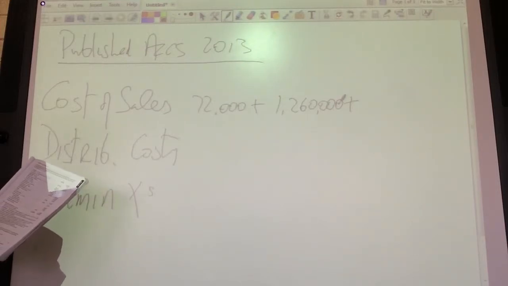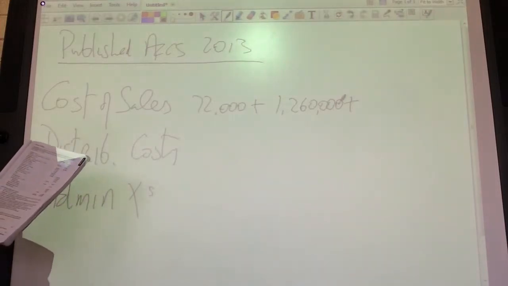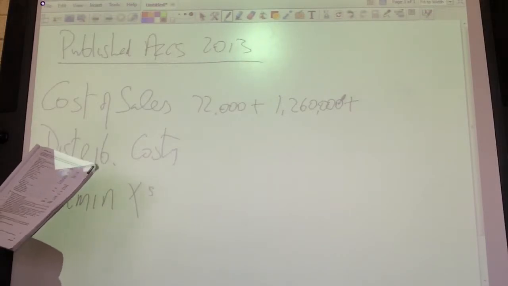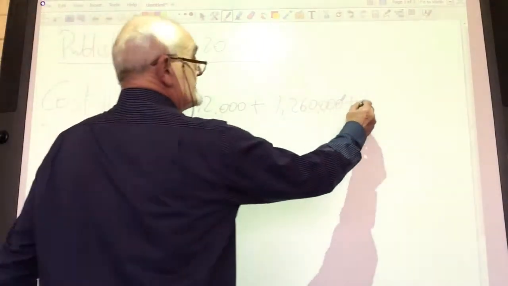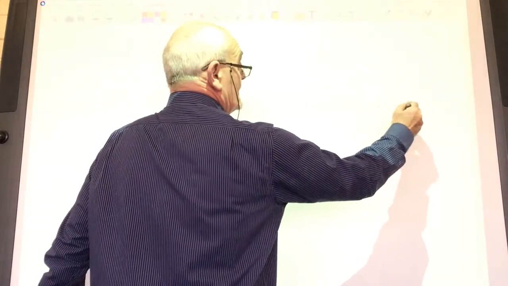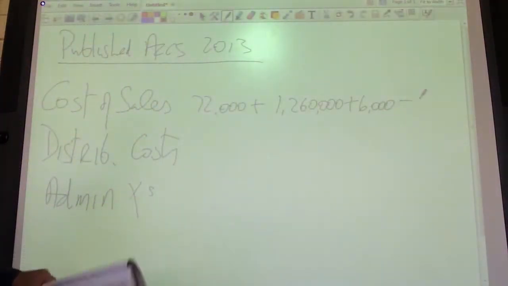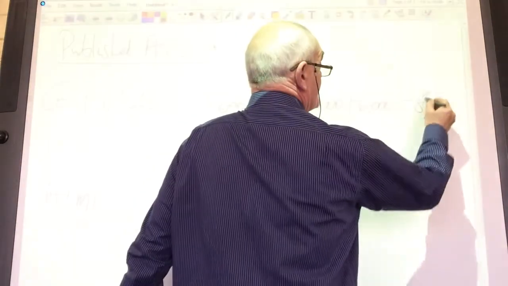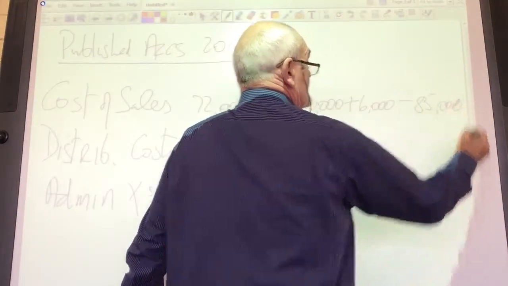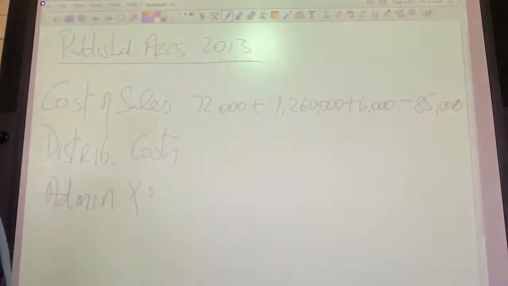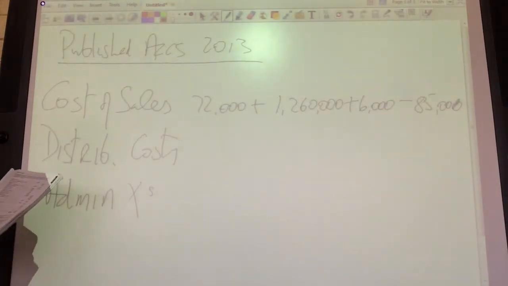So 10 into 60,000, 6,000 as a cost to be included in our cost of sales. So we've got 6,000 here, and of course we take off our closing stock under the trial balance. Closing stock, 85,000 euro. So that's the composition of our cost of sales.